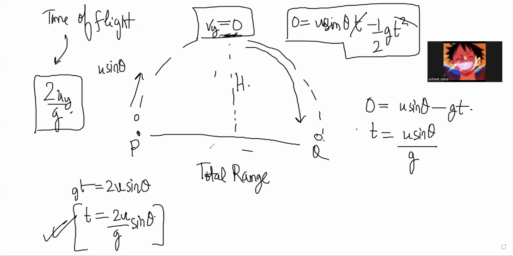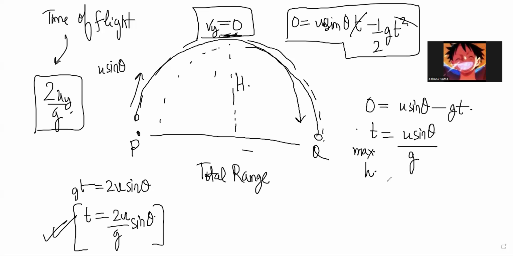So basically, if it is a normal level field and you have launched a projectile, exactly half the time it is going up and half the time it is coming down. So the time of flight is 2u sine theta by g, whereas time for maximum height is u sine theta by g.